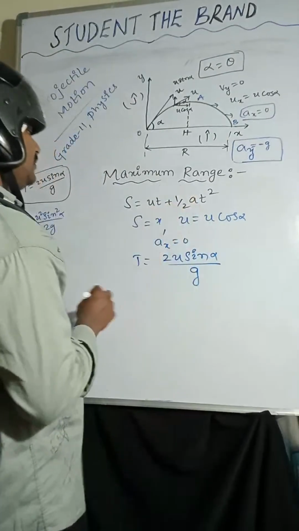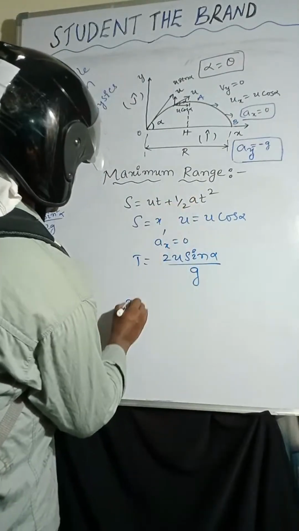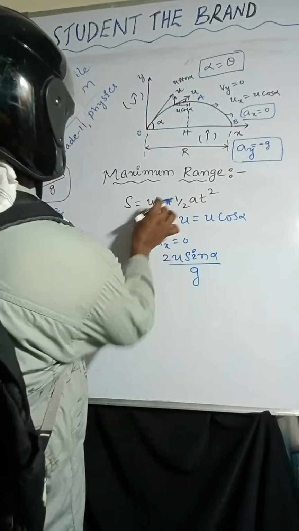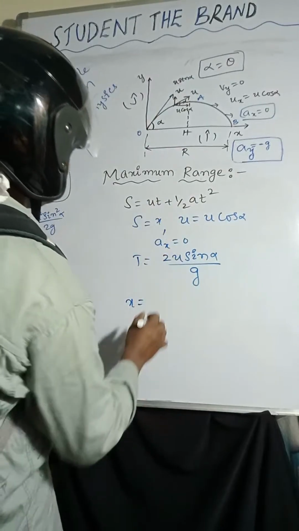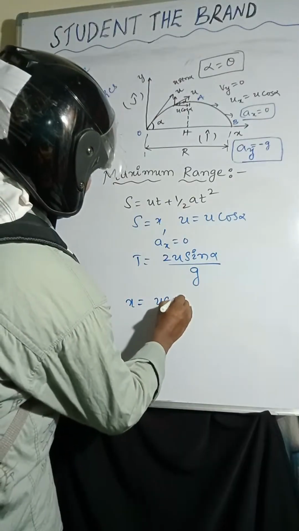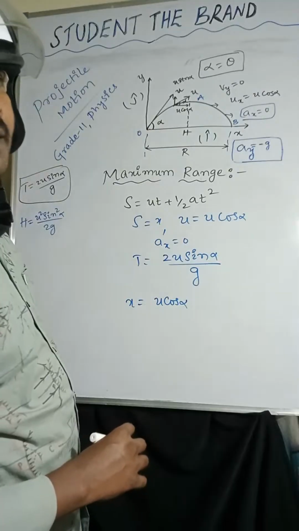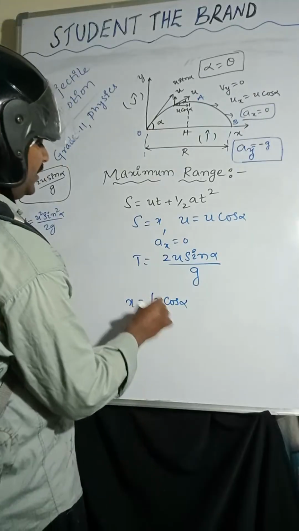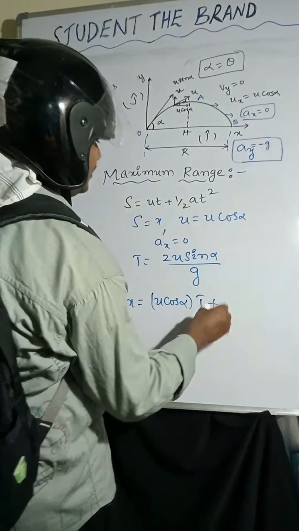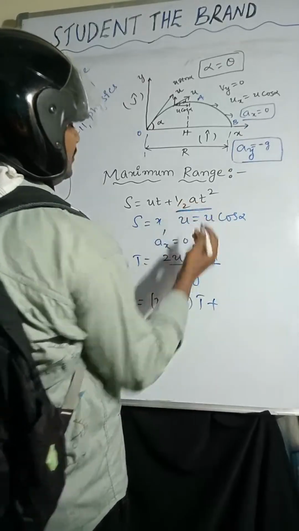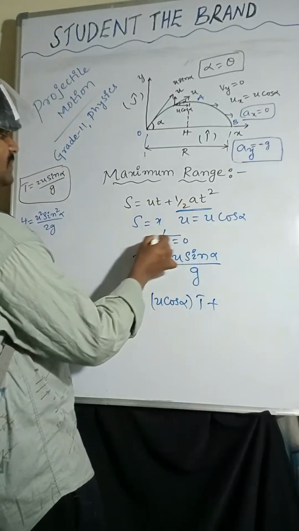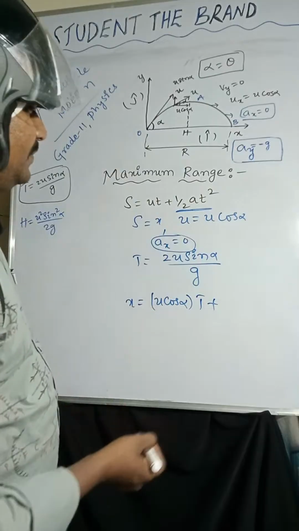Okay, substitute now. So x equal to u cos alpha into t, time of flight. Anyway, this entire term becomes 0. Why? Along x-axis, acceleration is 0, right?